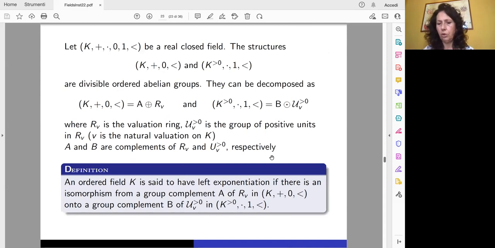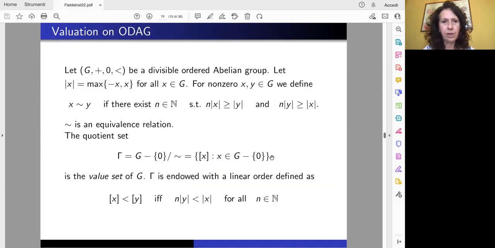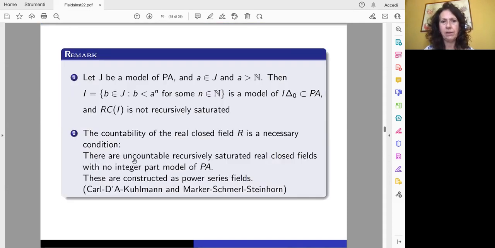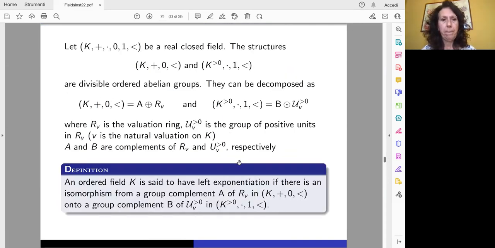And I want to go back to a real closed field. I want to construct a counterexample: an uncountable recursively saturated real closed field which has no integer part that is a model of PA. This can be done in various ways, and I present some. So we take the additive structure and the group of positive elements, the multiplicative group.